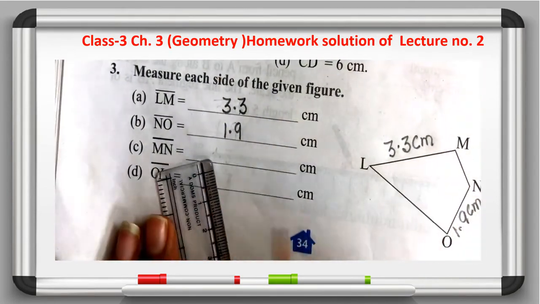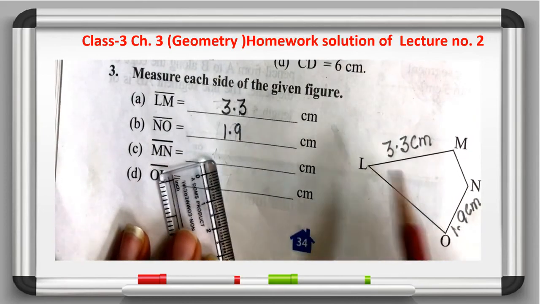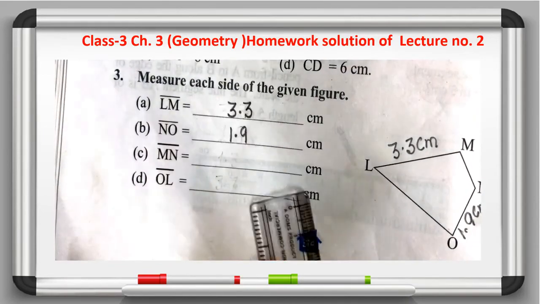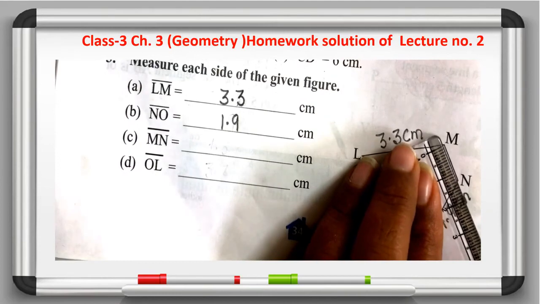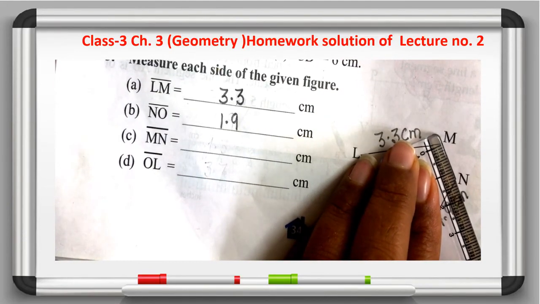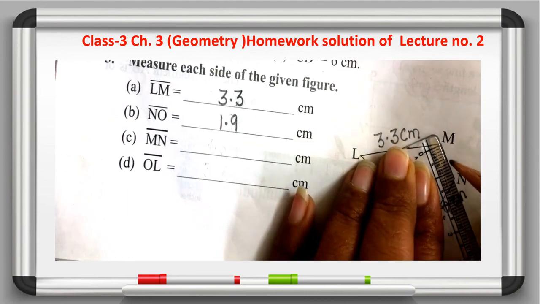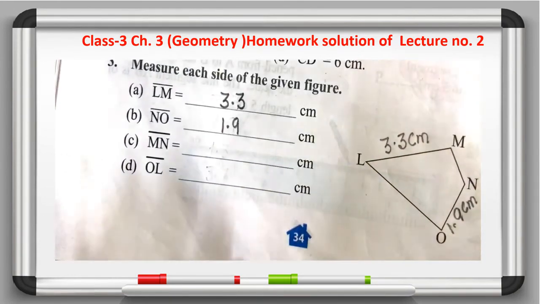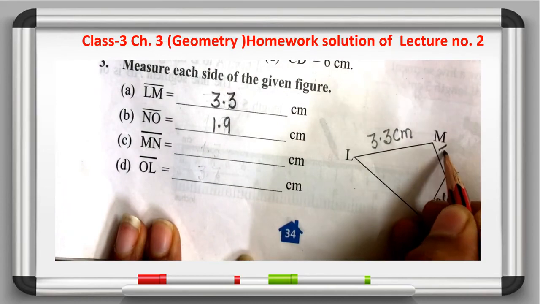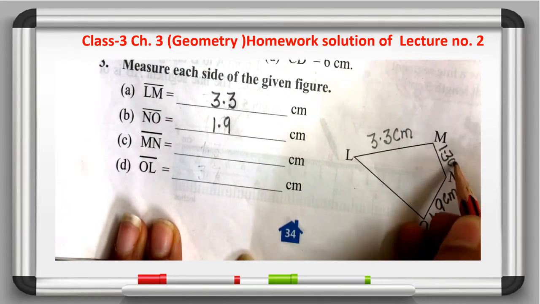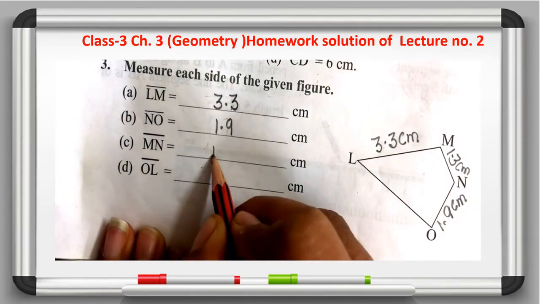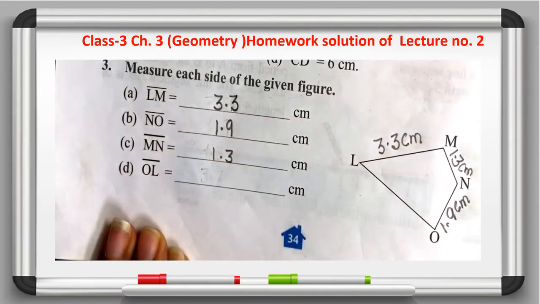After that we have to measure the length of line segment MN. So here MN is given. We will measure the length, and the length of this line segment MN is 1.3 centimeter. So here we will write 1.3 centimeter, and here also we will write 1.3 centimeter.